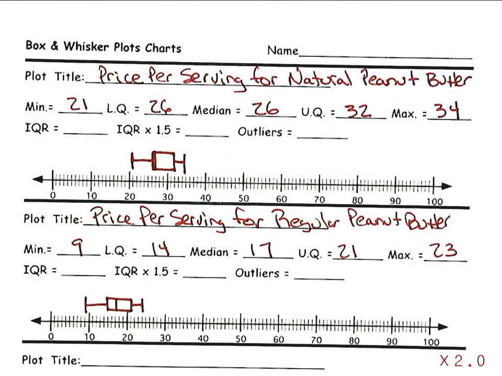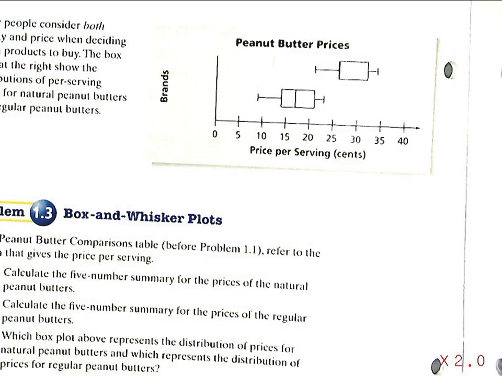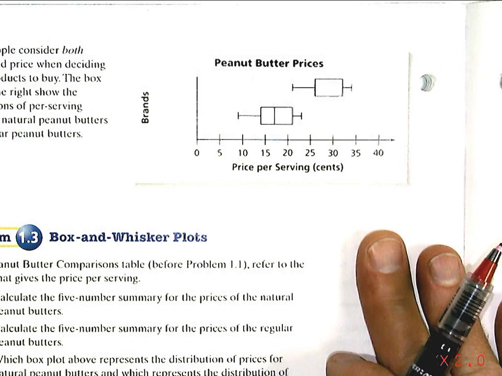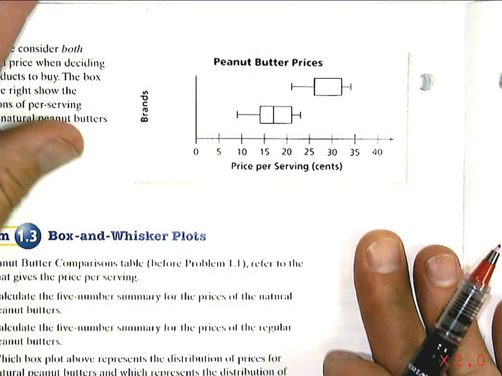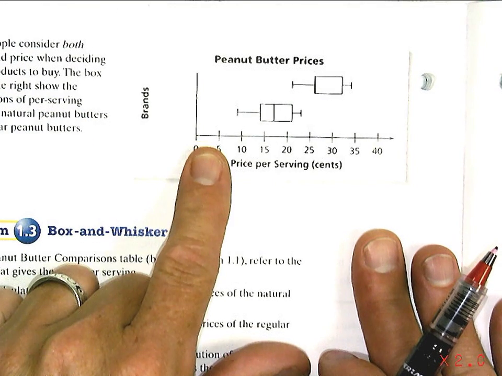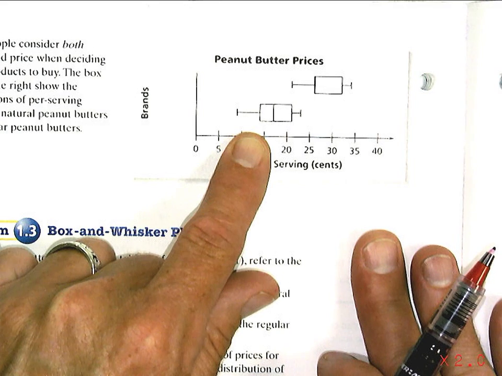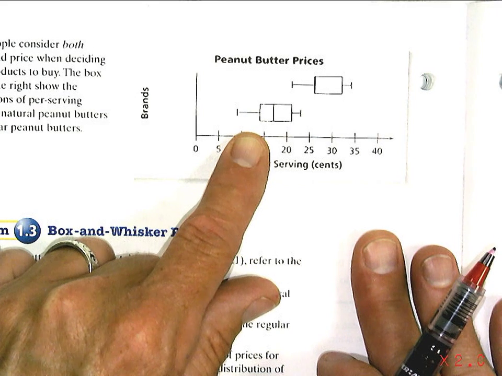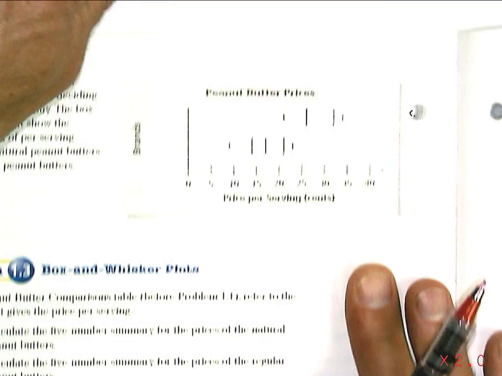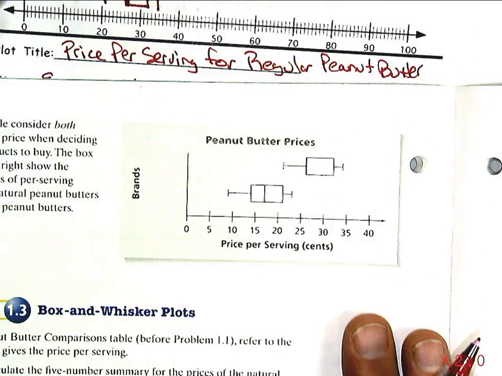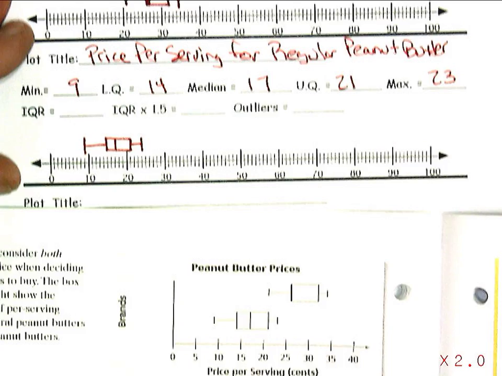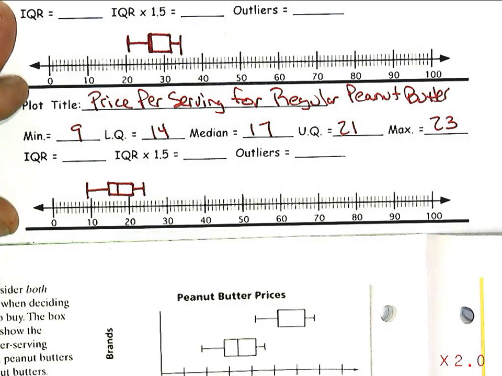Now, if you look in the book on page 14, you can see sort of what they have for a box and whisker plot. And part of the question is, which of these graphs goes with regular peanut butter and which of them goes with natural peanut butter? Now you can compare them to the ones that I just did on my chart here, and we can see them all at the same time.